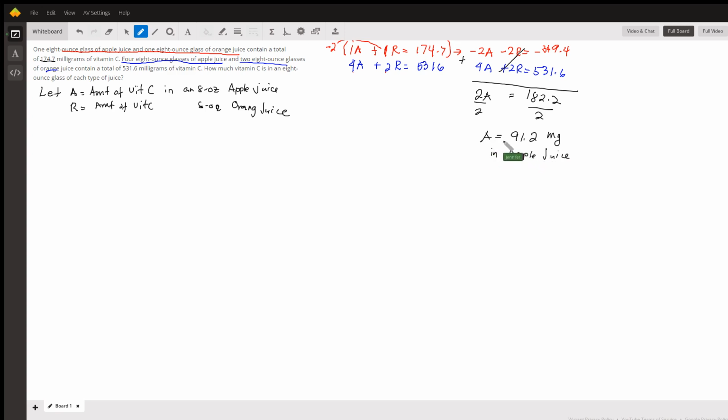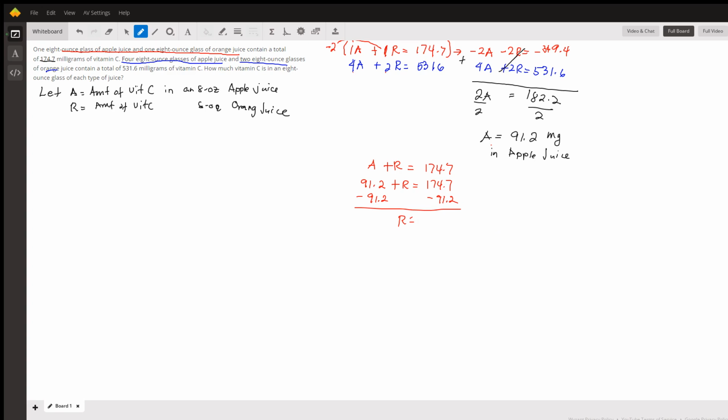So now that you found A, we can use that and substitute it in one of the equations. I'm gonna go back to the simpler equation, which is A plus R equals 174.7, and I'm gonna substitute that A. So 91.1 plus R equals 174.7. If I subtract 91.1 on each side, then I will get my R, which is going to be equal to 174.7 minus 91.1.